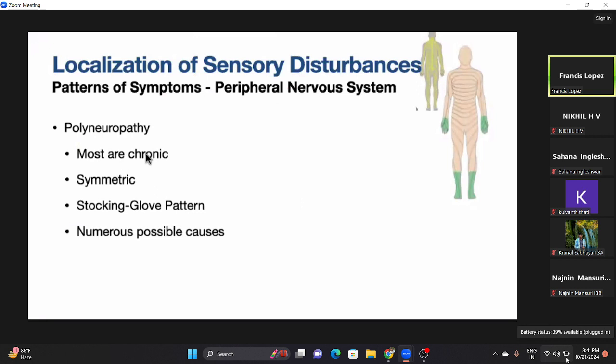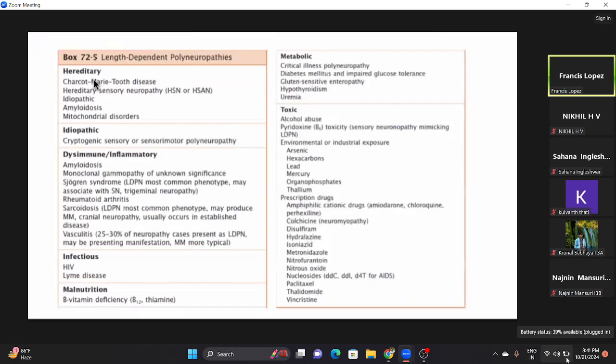Again, they are chronic, usually symmetric in distribution, and have a stocking glove pattern. These polyneuropathies have numerous possible causes. They can be hereditary, idiopathic, inflammatory, infectious, even due to malnutrition, metabolic, and even toxic substances can cause polyneuropathies.